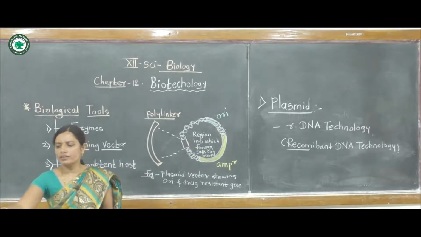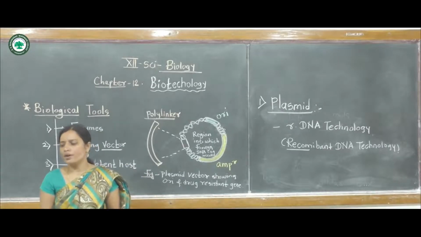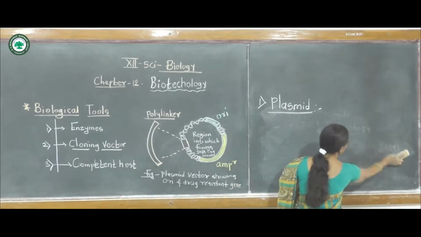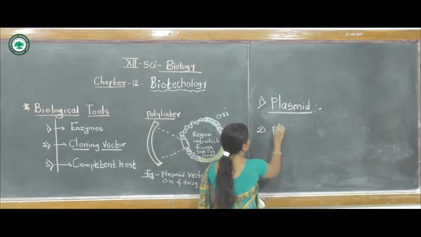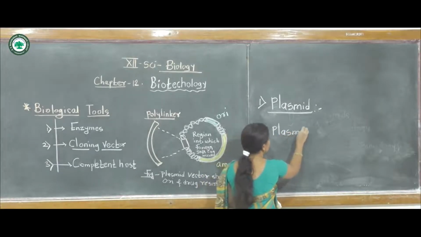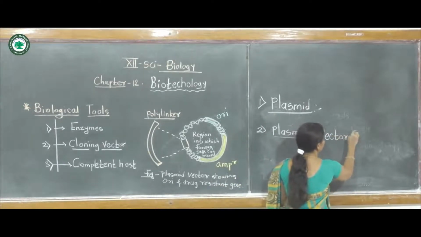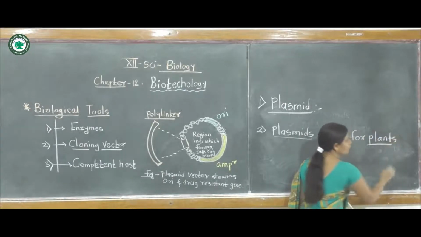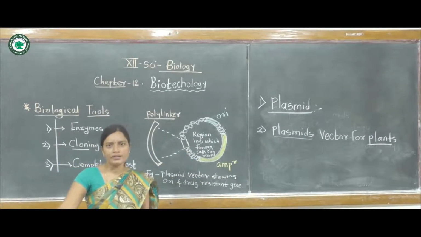Now the second vector is the plasmid vector present in plants, and this vector is known as the plasmid vector for plants. These plasmid vectors are very important cloning carriers in plants.